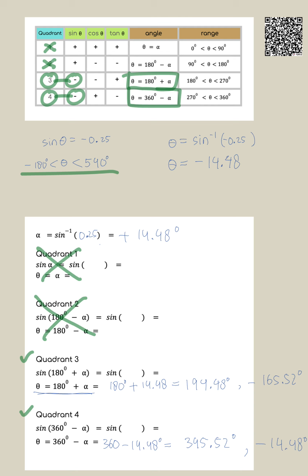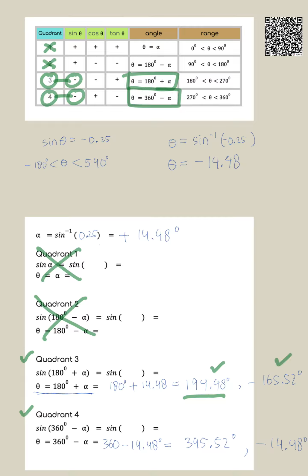After this, we can just give them the answer. Or if you still want to check, you can do so. We can press sine of each of these numbers, which is supposed to be negative 0.25. Sine 194.48, negative 0.25. Yeah, correct. Sine negative 165.52, negative 0.25.